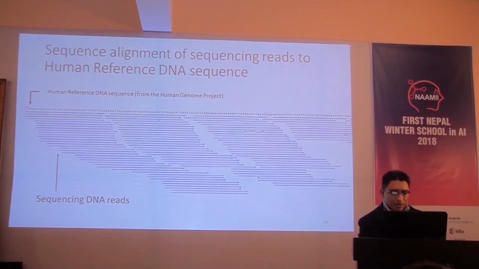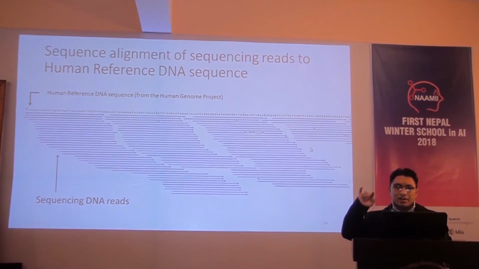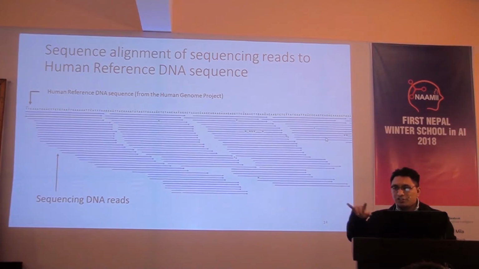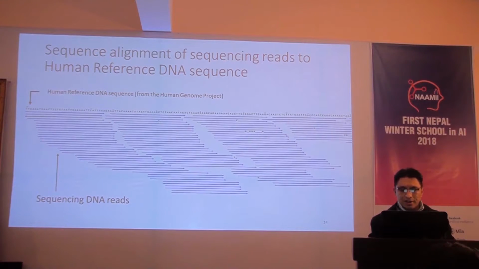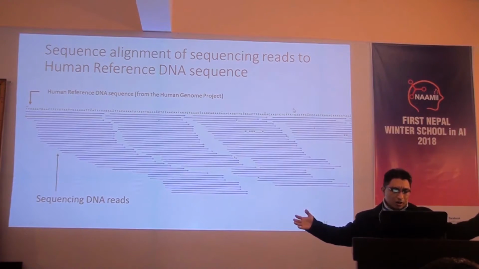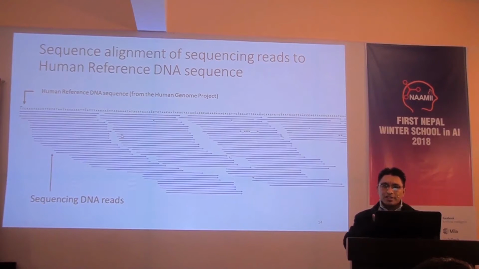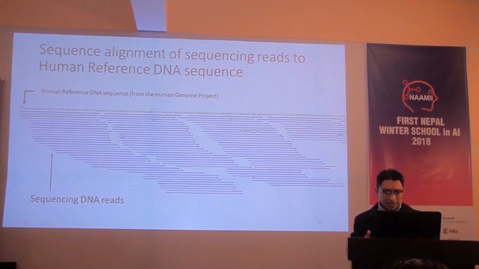All the arrows that I'm showing here are the fragments of DNA that were sequenced. All the sequences are known for the small chunks of DNA. And from the Human Genome Project, we know the entire stretch of DNA sequence, all the nucleotides. Now the task is to go back and assemble the individual short fragments into the human reference DNA, and stitch together all the nucleotides.